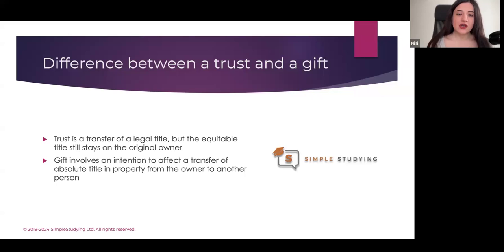A gift involves an intention to effect a transfer of absolute title in property from the owner to another person. So basically, the difference between the trust and gift is that equitable ownership still stays with the previous owner in the case of a trust, whereas for a gift, it's an absolute transfer of both legal and equitable ownership.